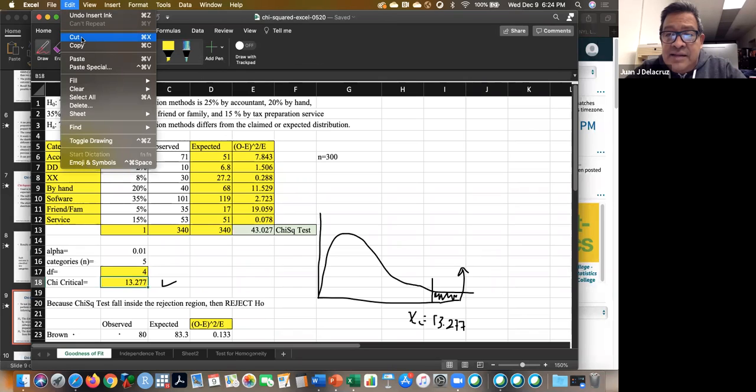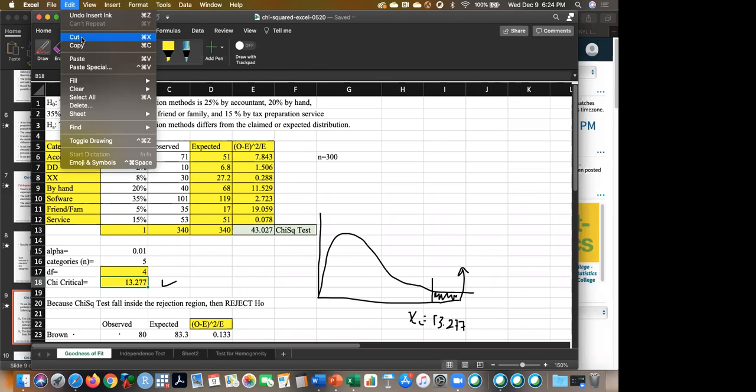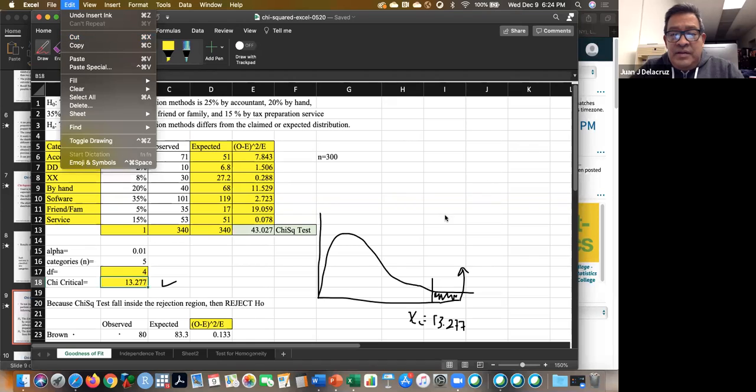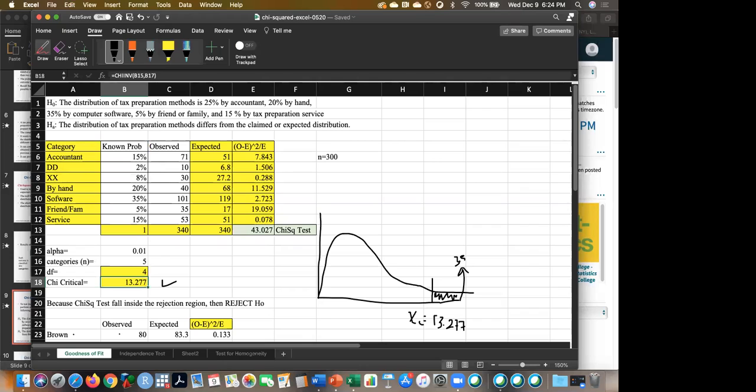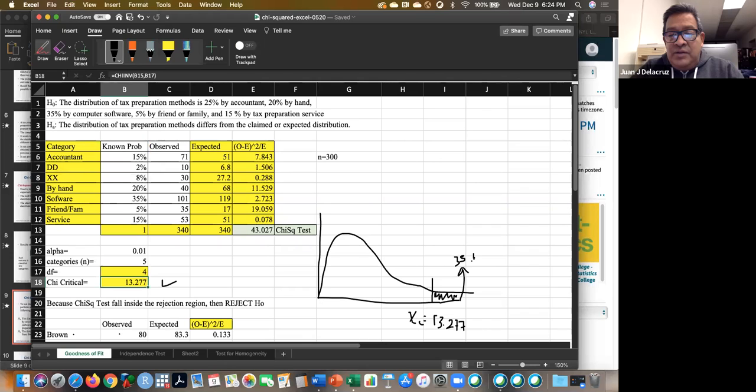Say that again? It's 35.121, I think. Okay, thank you. So that was the number that we found. Remember, I added these two cells. So the original example, thank you, Nicolene.